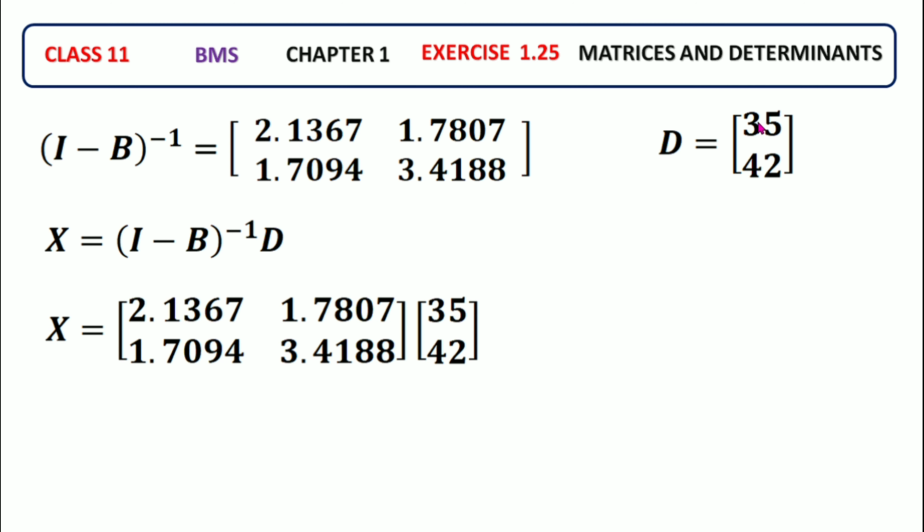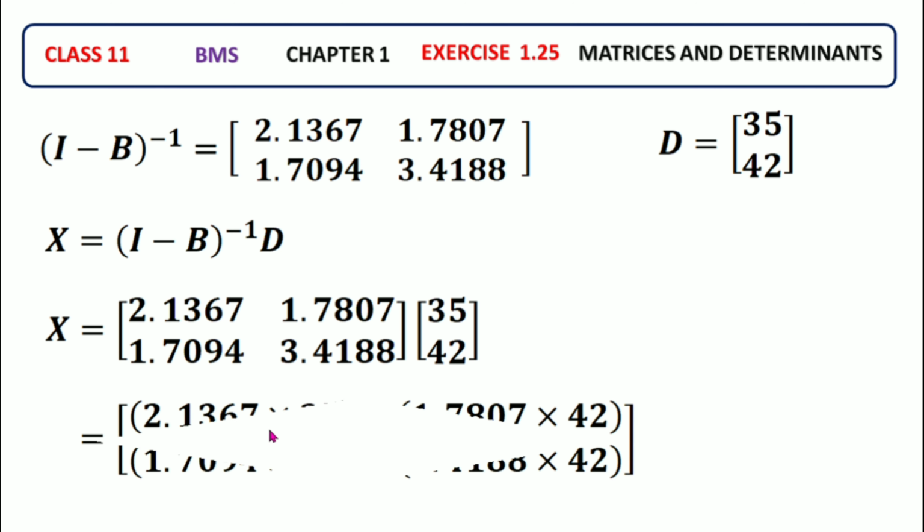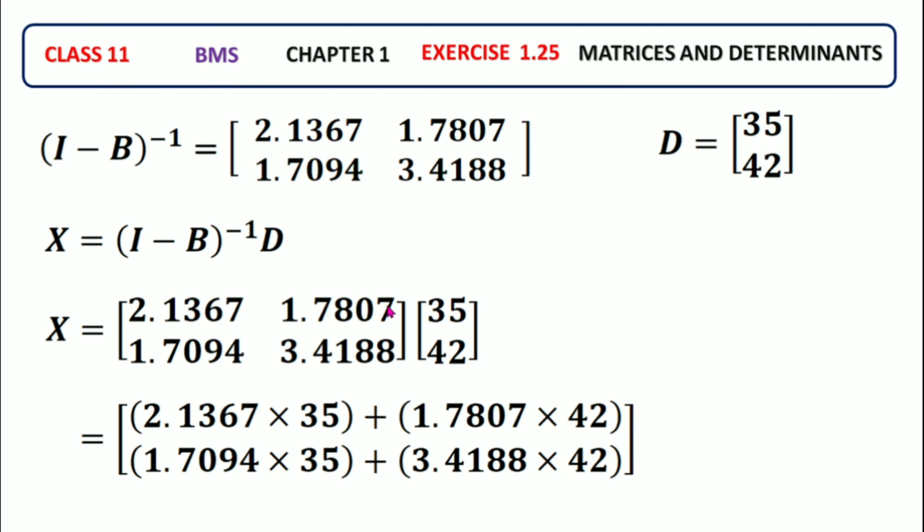I minus B whole inverse and D matrix after multiplying: first row, first column multiplied, 2.1367 into 35 plus 1.7807 into 42. Second row, first column matrix, 1.7094 into 35 plus 3.4188 into 42.